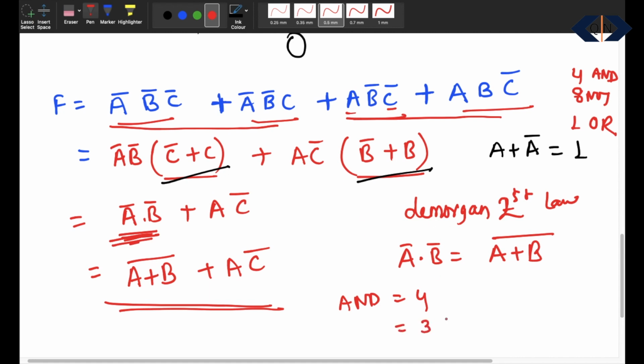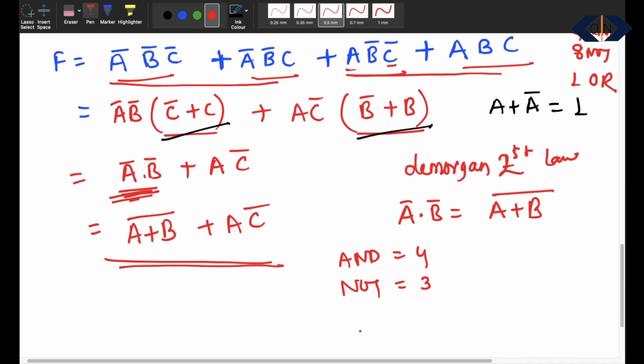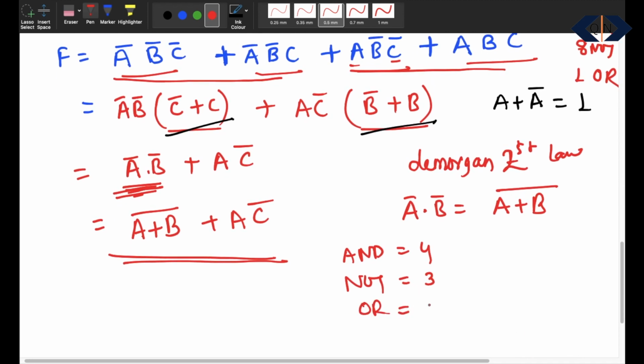Yeah, 3 NOT is sufficient here. We can make it with 3 NOT and OR we need 1. So 4 plus 1, 5, 5 plus 3, 8 gates in total we require to make this circuit.